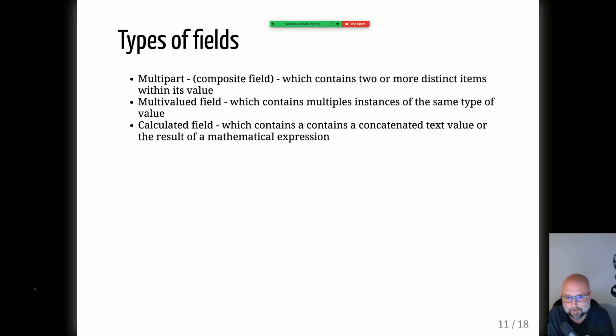So you could have an array of strings. You could have multiple integers. I can't come up with a good example, but there are possibilities of having multiple values in a single attribute or in a single field.